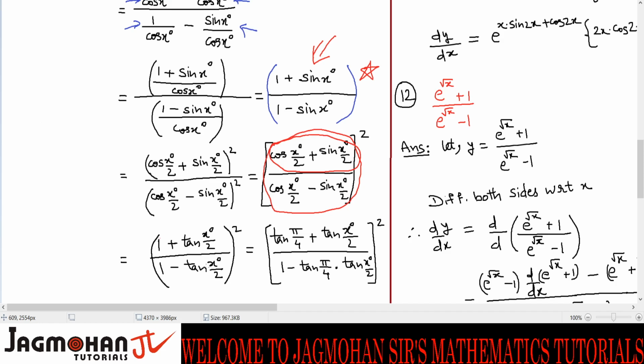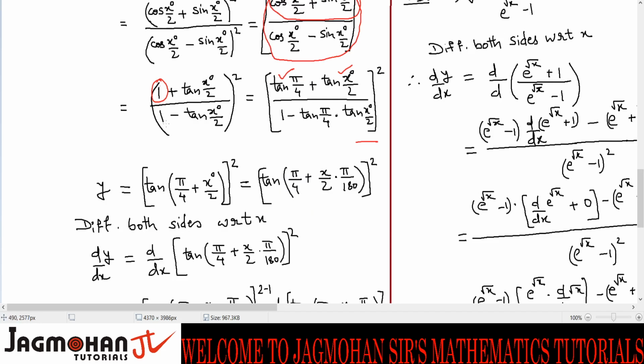The next step you see here, what I'm writing is, for this one, I wrote tan pi by 4. Tan x degree by 2, I left it as it is. Then this one, I left it as it is.